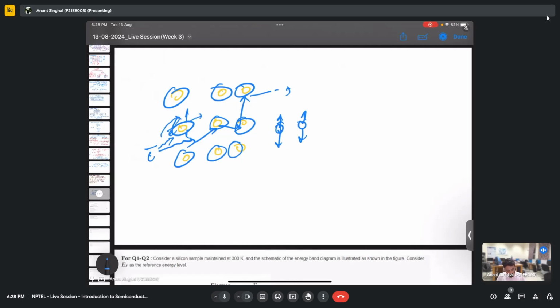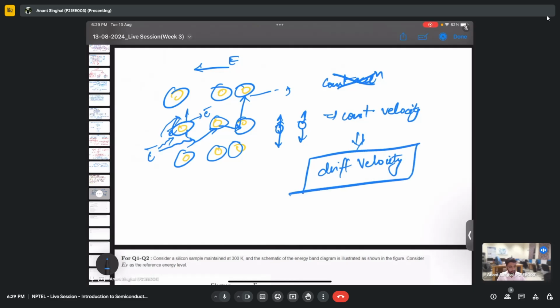Once it interacts, it again accelerates due to the applied electric field. So it goes on and on. There is no constant acceleration, but we have a constant velocity because of this periodic acceleration and deceleration. We have a constant velocity, which is what we call drift velocity.